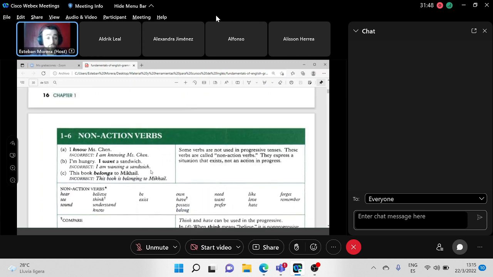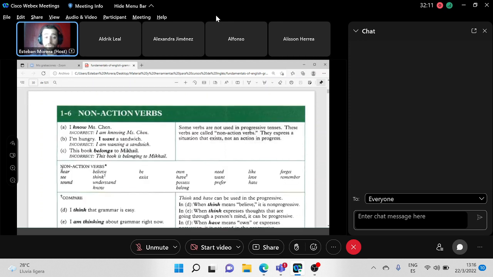So just for you to know, this is part of, let's say, guys, when we study non-action verbs, we normally study them when we study present progressive. I don't want to say that non-action verbs are part of present progressive, but we normally study them then because it is important to understand which verbs are not commonly used with ing.